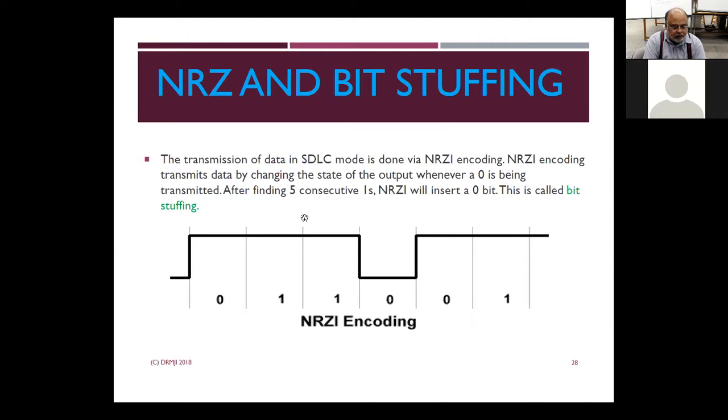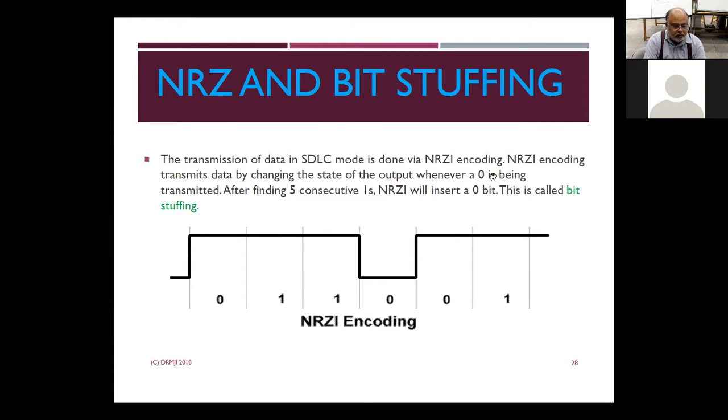One very popular way of sending clock is non-return to zero, invert, NRZI. Basically, if you want to send a zero, you send that by an edge in the transmission.